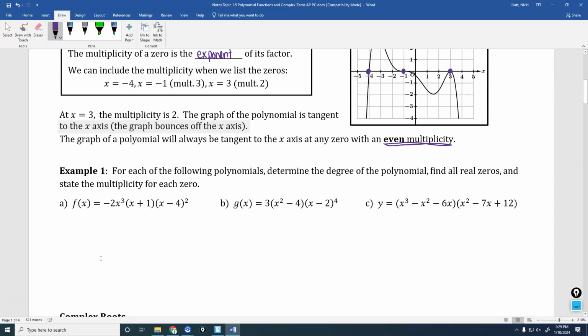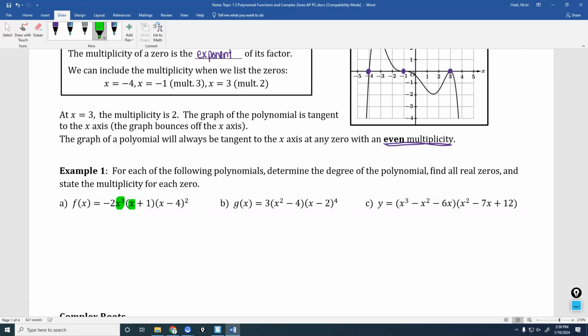Alright, so for each of the following polynomials, we're supposed to determine the degree of the polynomial, find all real zeros, and state the multiplicity of each 0. To begin with, if we're looking at the degree, we could multiply this out completely to find the degree, but that would take a little while to do. It is going to be easier to look at each x factor that you have. You've got x to the third right here.